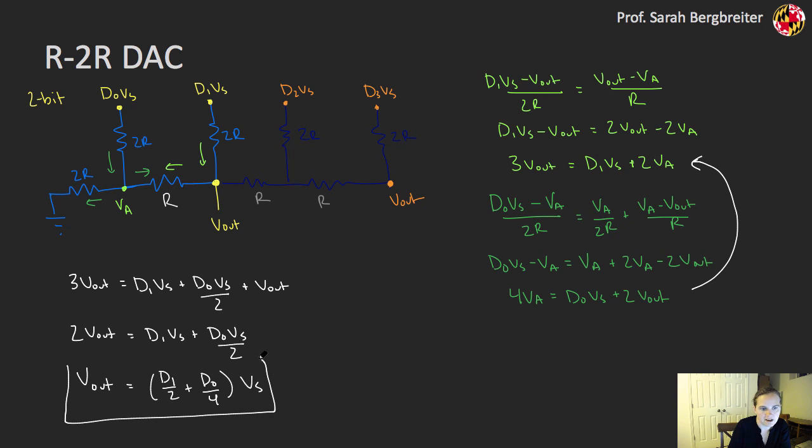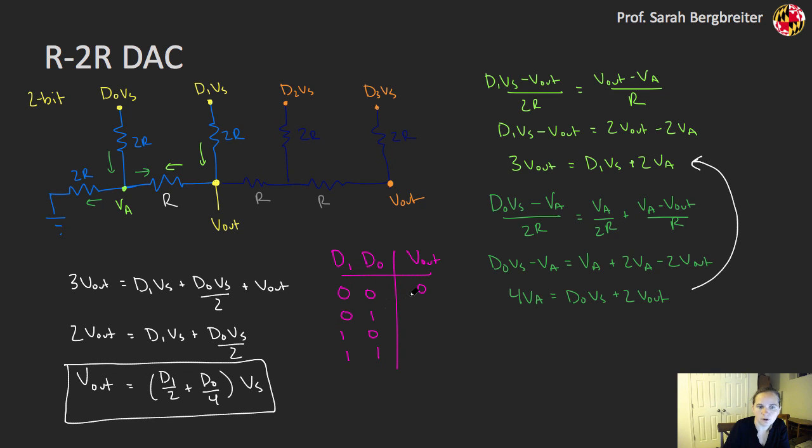So this is the output of my R2R ladder DAC. This is often called a ladder DAC because it looks like a bunch of rungs on a ladder. Once again, if I want to look at what my actual output voltage is for different combinations of digital inputs, I have D1, D0, and my V out here. If both are 0, I'm going to get 0 volts.